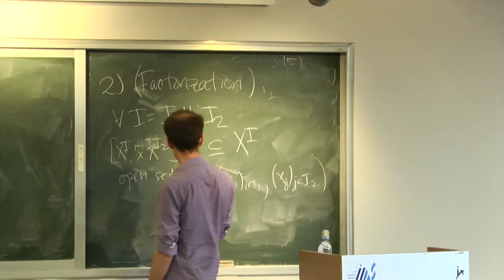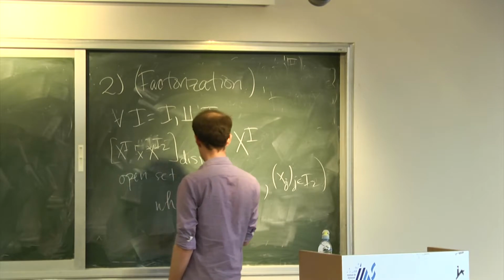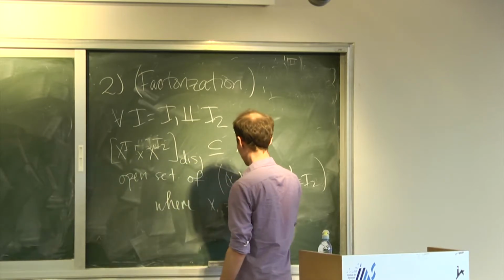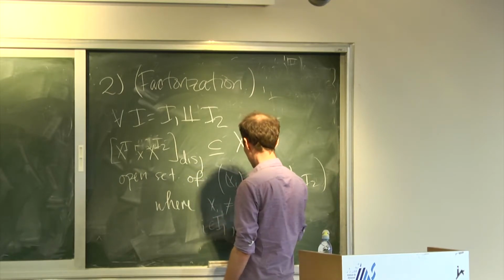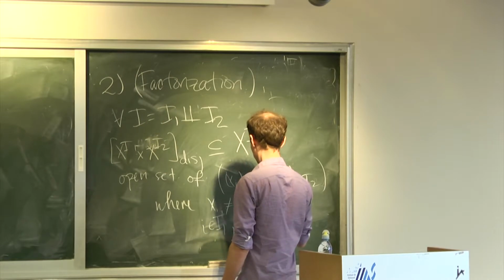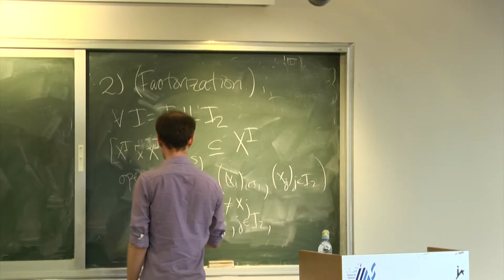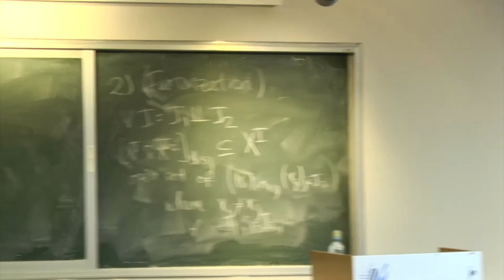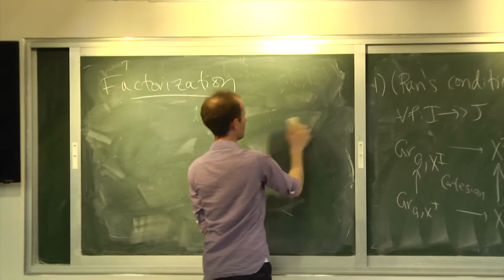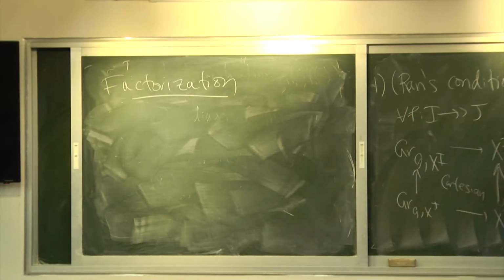And my requirement is that x_i is not equal to x_j whenever i is in I1 and j is in I2. So it's easy to make sense of this scheme theoretically as an open set. But for example, its k points are the ones I just said. For n equal to 2, you have a pair of points and they're required not to be equal.